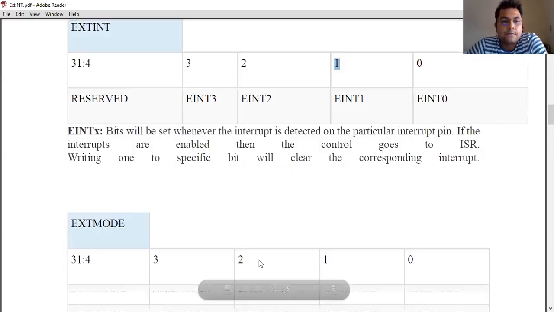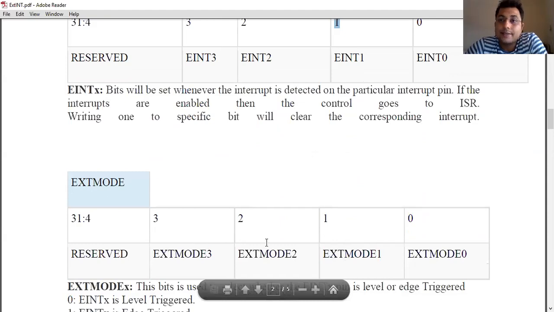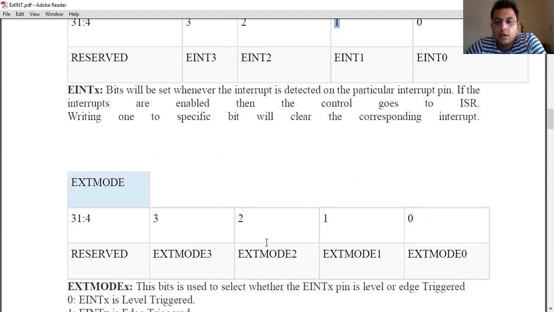Because then we have the external mode register. Obviously we are using pins, so we will use signals to acknowledge the interrupts. When you are using signals, those interrupts could be level triggered, where the signal level is the point of acknowledging the interrupt, or rising or falling edge.